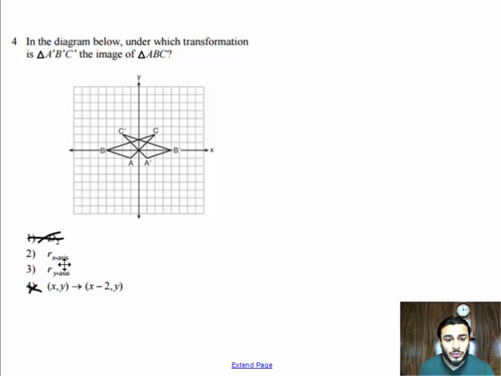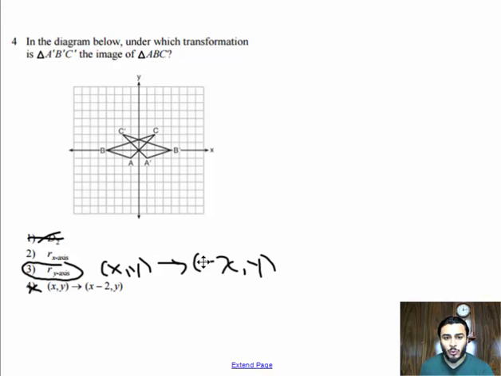So the answer is choice 3, reflection across the y-axis. Also, another way to think about it, a reflection in the y-axis takes the original coordinates and changes the sign of the original x-coordinate. It negates the x-coordinate, and that's exactly what happened here.